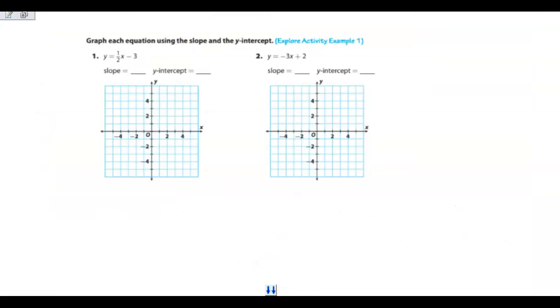All right, so take what you know and graph the slope and the y-intercept of each of these equations. So we've got y equals 1/2 x minus 3. What is the slope? And what is the y-intercept?